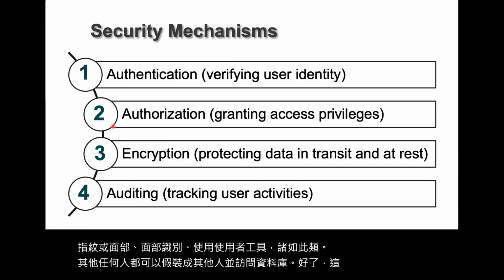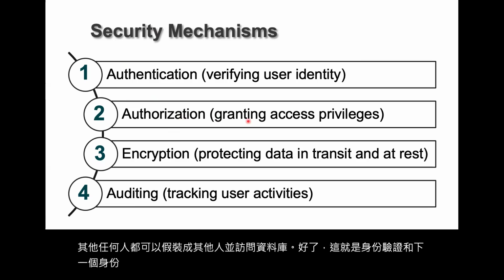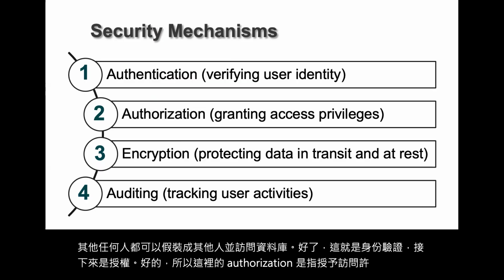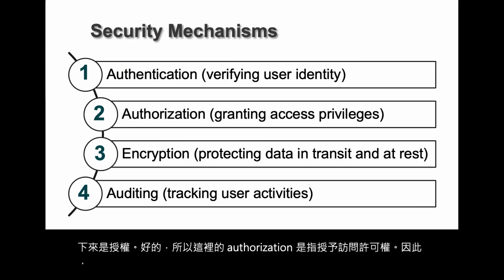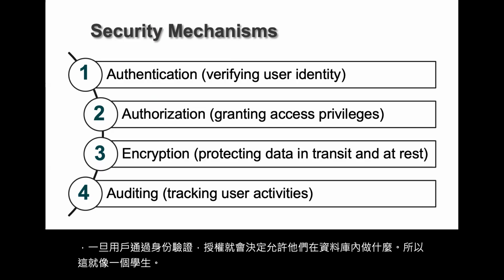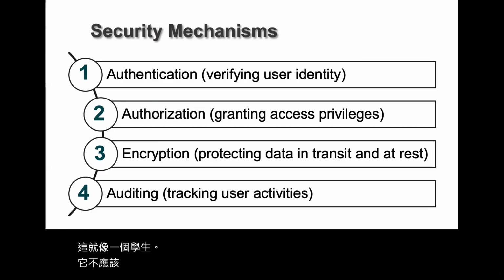The next one is authorization, which means granting access privileges. Once a user is authenticated, authorization decides what they are allowed to do inside the database. For example, a student might only be allowed to view their grades, while a teacher can edit the student's grades.